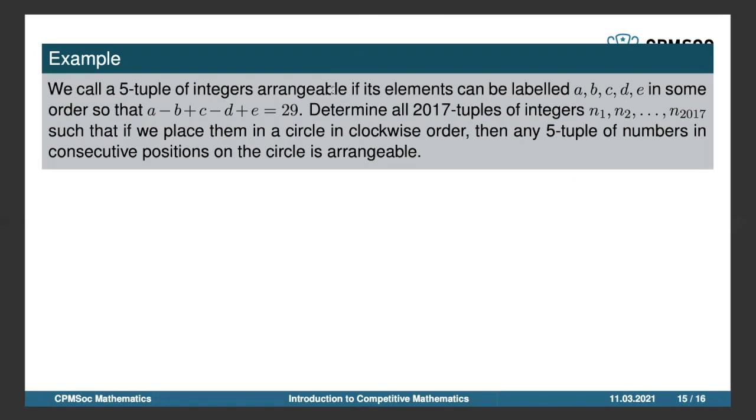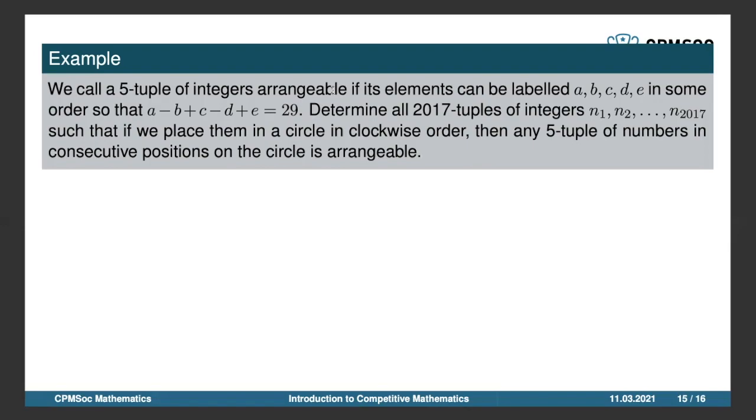Hang on, so a group of 5 integers is arrangeable if you can label them as A, B, C, D, and E in some order, so that A minus B plus C minus D plus E is 29. So note that we can label the integers in any order we want.